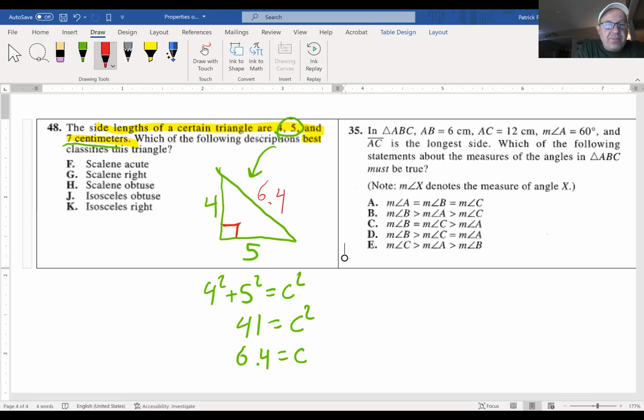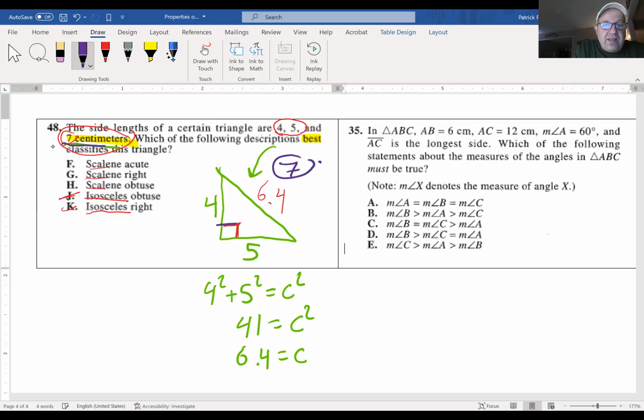Now, first off, I think we can get rid of J and K because of the word isosceles, right? These sides, 4, 5, and 7, are not the same. So we know it's some form of scaling. The question is, is this a right angle or not? Well, they want the hypotenuse to be a length of 7.